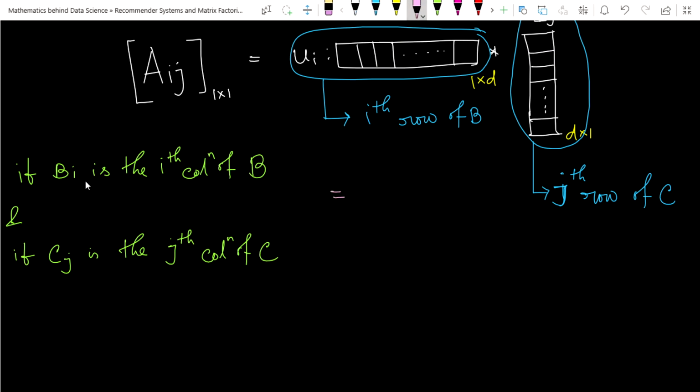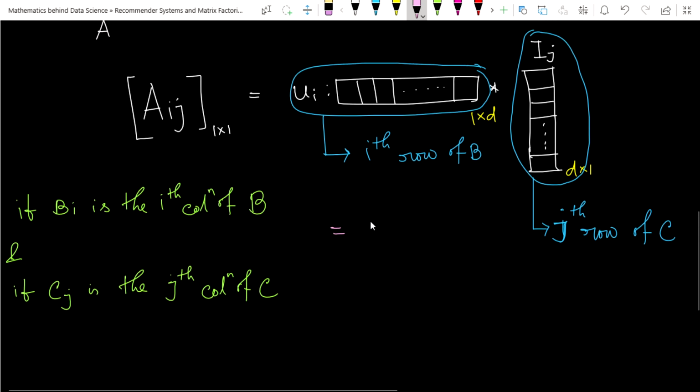We treat bi as the ith column of B, so the ith row of B can be written as bi transpose.